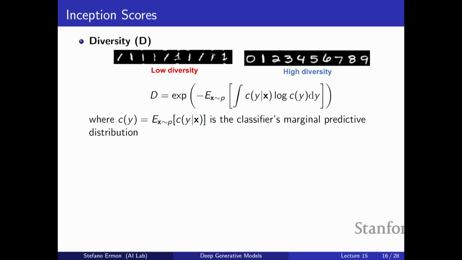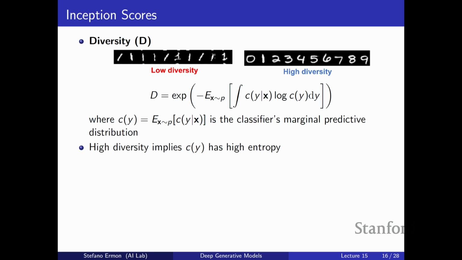The way to quantify it is to look at the marginal distribution over the labels that you get from the classifier when you evaluate it on the samples. You try to make sure that this marginal distribution has high entropy, meaning that all the classes that are possible are actually predicted by the classifier over the synthetic samples.